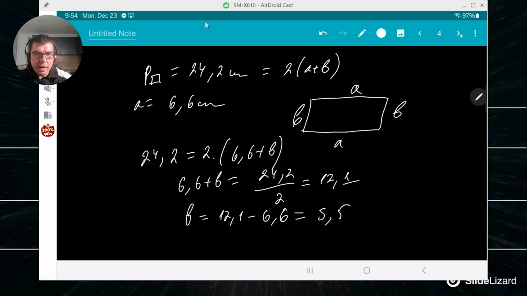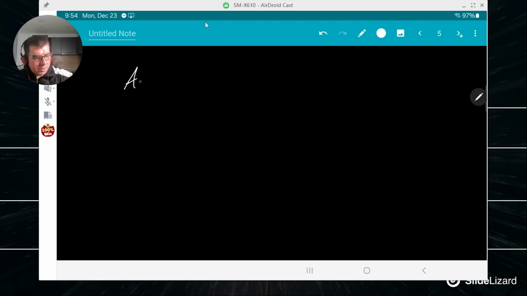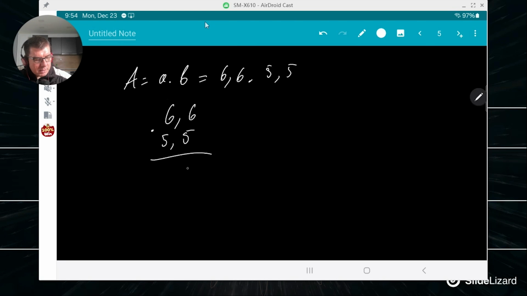And therefore the area is simply A times B. So area equals A times B, 6.6 times 5.5. And we just need to multiply these two numbers. So let me multiply them real quick. Times 5.5. 5 times 6 is 30. 0 and 3. 6 times 5 is again 30.